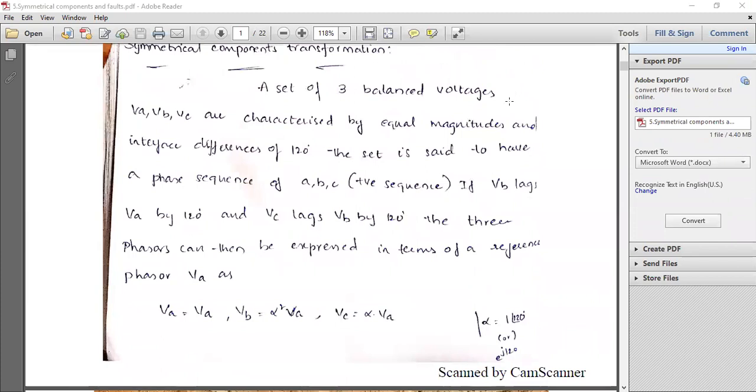So anyway, symmetrical components of transformation. How do we convert the unbalanced phasors to balanced phasors? Just with the use of symmetrical components. These symmetrical components were introduced by Fortescue. I will write down the name.